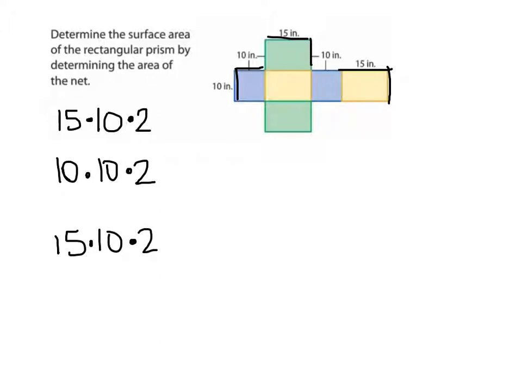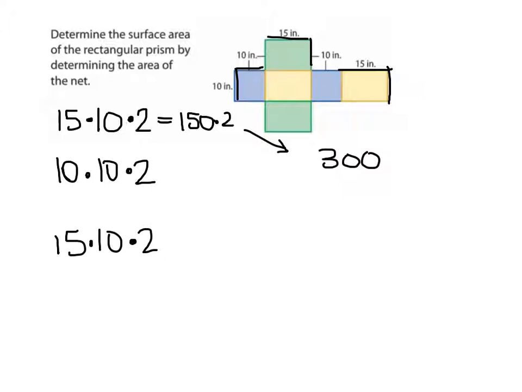So let's go through and do our multiplication. The first one, 15 times 10 gives us 150. So 150 times 2 gives us 300.